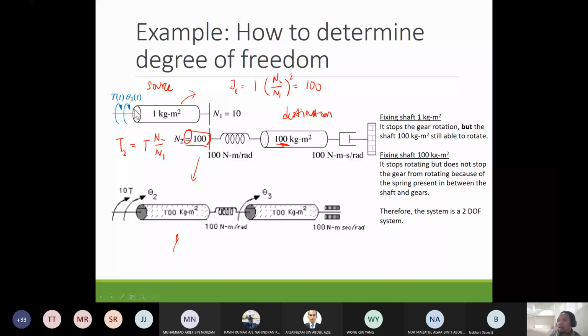And then theta 1, you can transfer, you get theta 2, which equals N1 over N2 times theta 1. So you have to determine the number of degrees of freedom first before you can perform the impedance transfer.